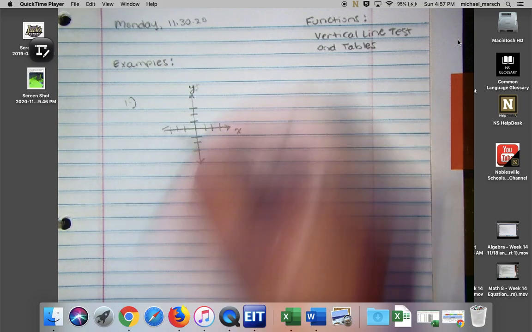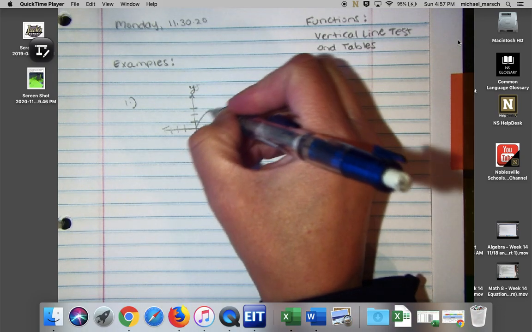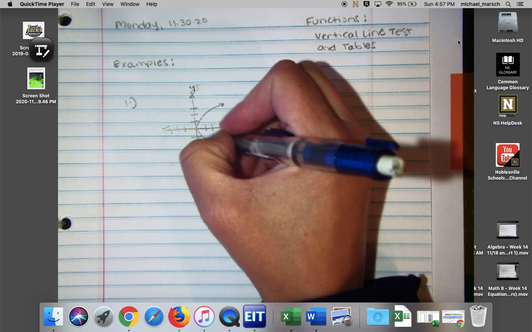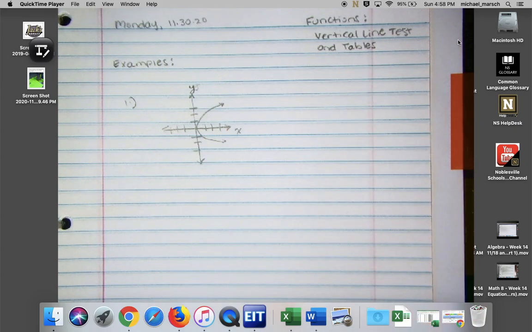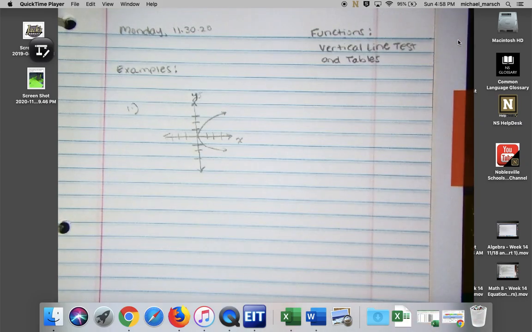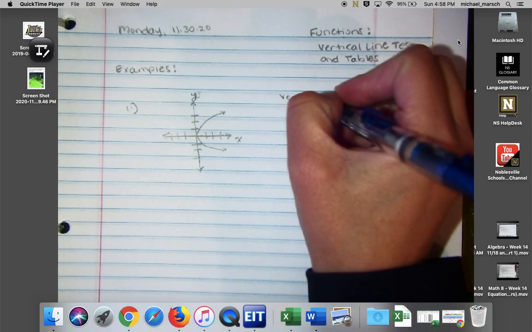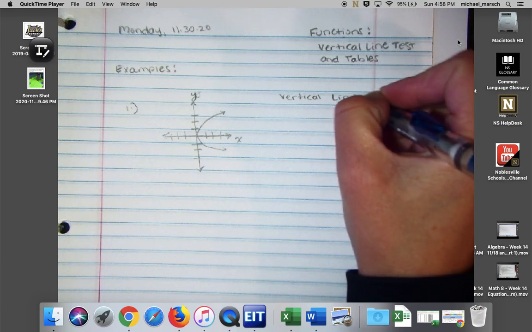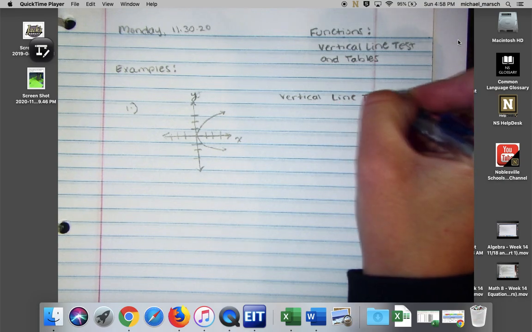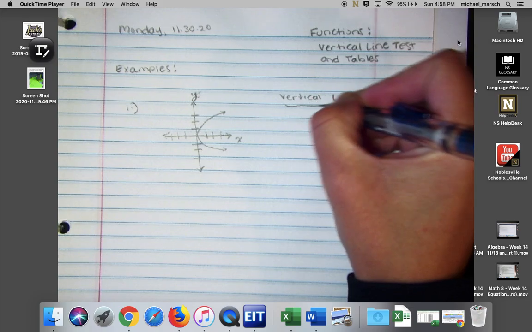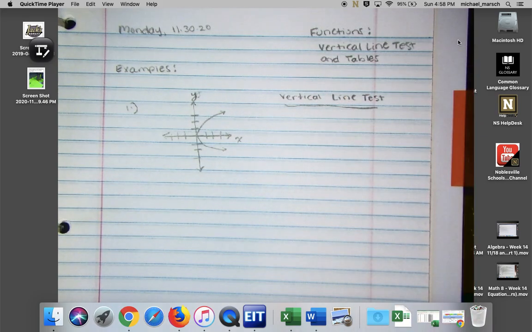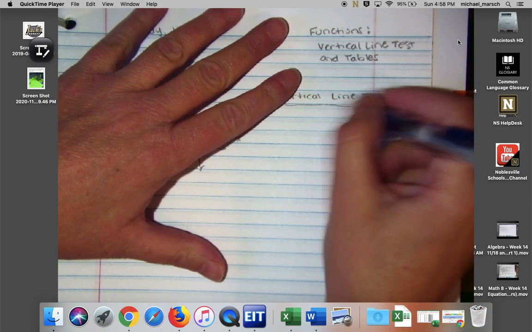So if I were to draw something that looks like this, right? Let's pretend that that's what my graph looks like. Okay. So I'm going to use the vertical line test to determine, is this a function or not? Okay. I do not like how that line came out.